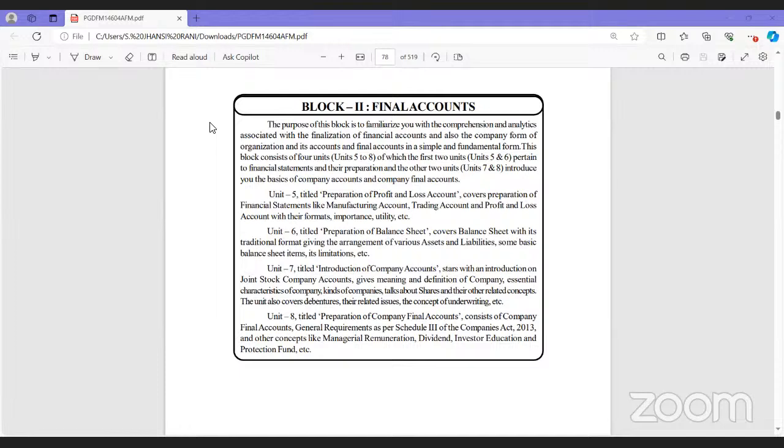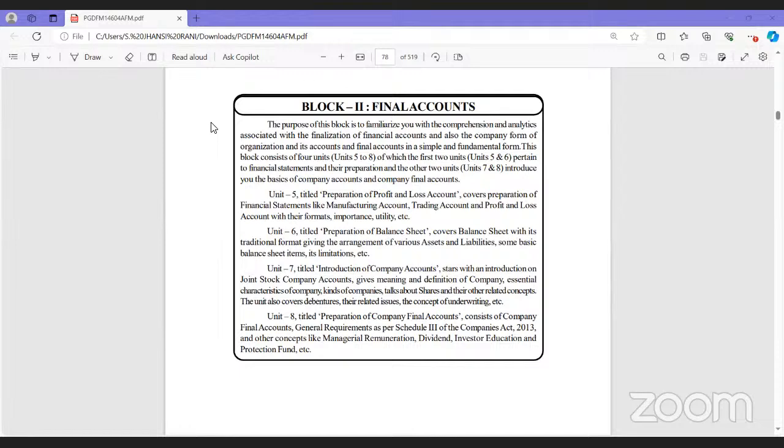So at the end of their financial year, the management or the owner of that business wants to know whether the business has earned profits or not. And these profits can be known by preparing the final accounts.